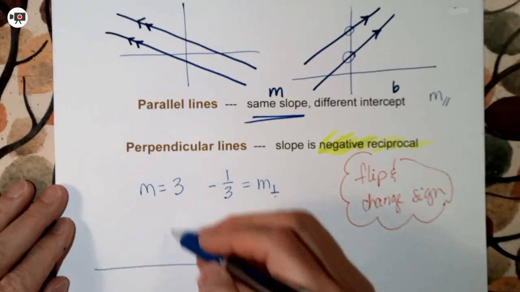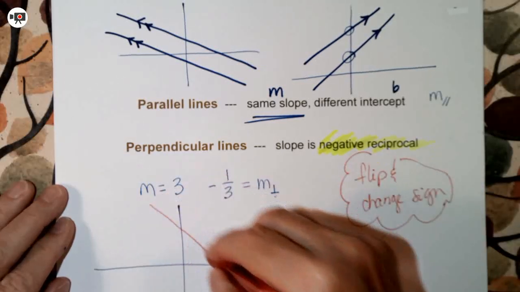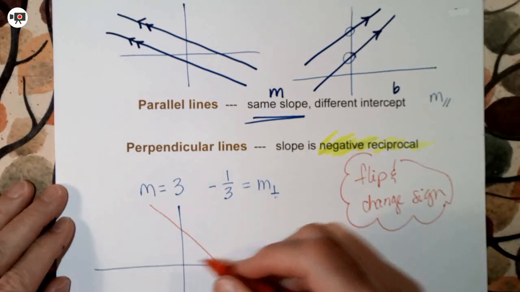So, if we had a line going like this, let's say that's a slope of -2. I just kind of drew it. And then I want a line that's perpendicular to it.